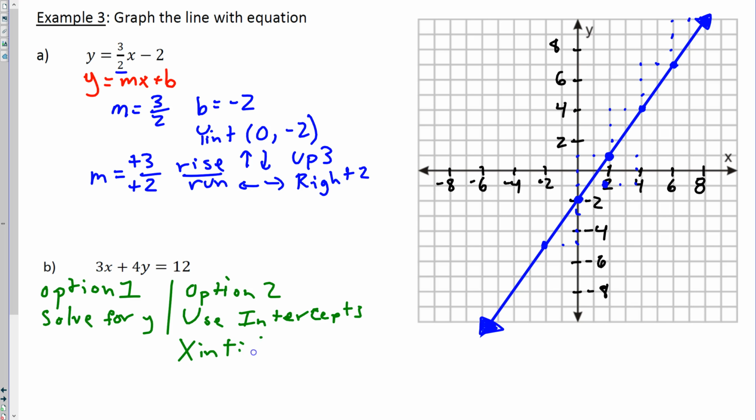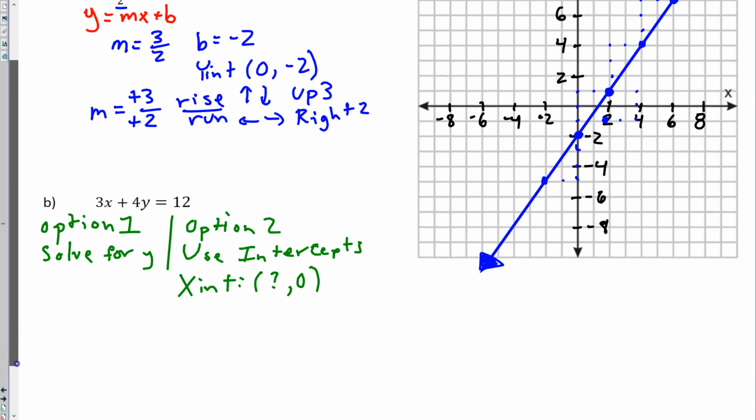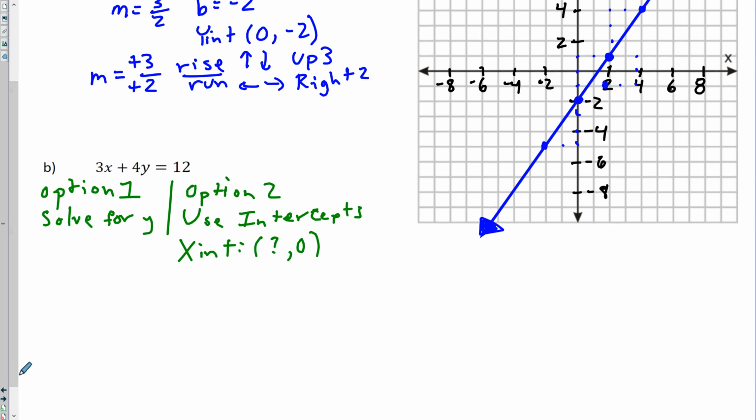So the x-intercept occurs when y is 0. So we're going to have some unknown x value that we need to find, but the y value is definitely going to be 0. So I can go ahead and take our equation, 3x plus 4y equals 12, but I'm going to replace the y value with a 0.